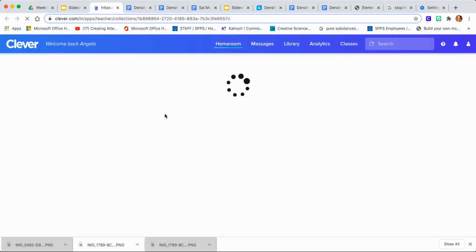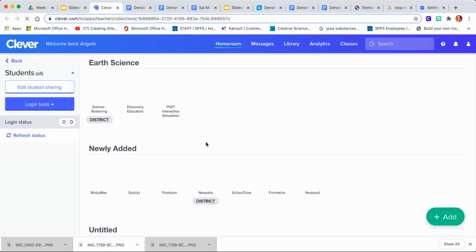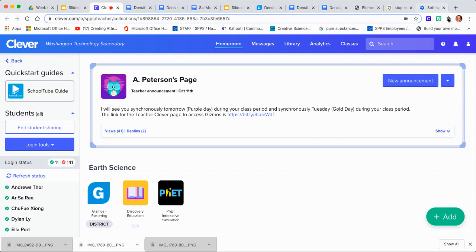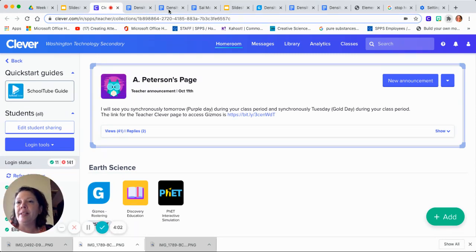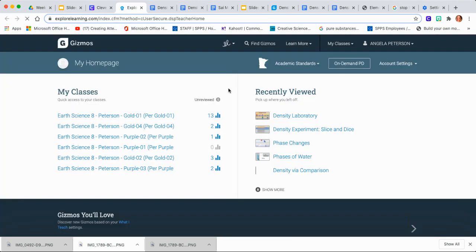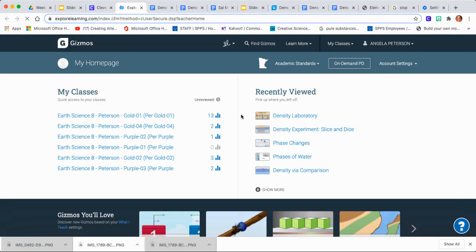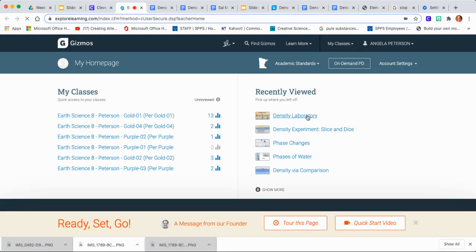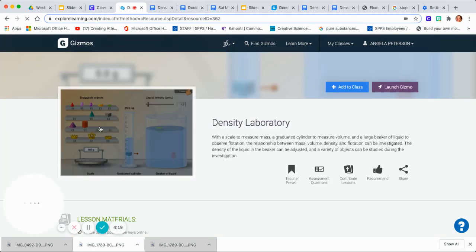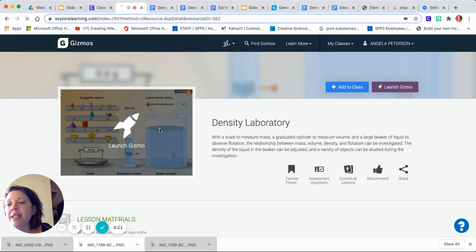And you should be able to see this page right here. All right. And hopefully we're still projecting. And you go into Gizmos rostering, you click there. And you will notice that it will bring you to a page where you'll be able to choose, and yours might look a little different than mine, but you'll choose density laboratory and it ends up looking like this.